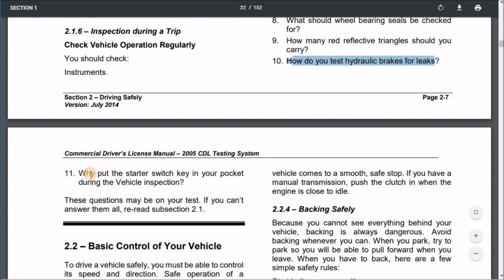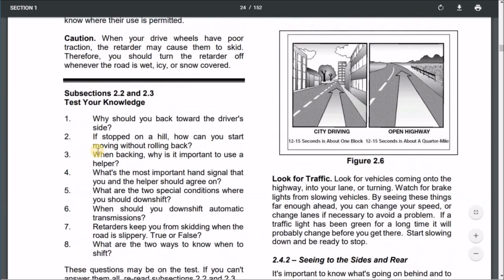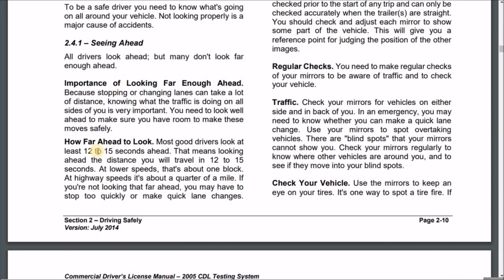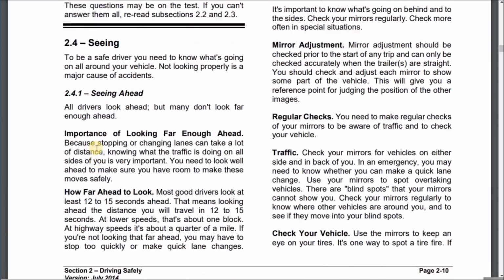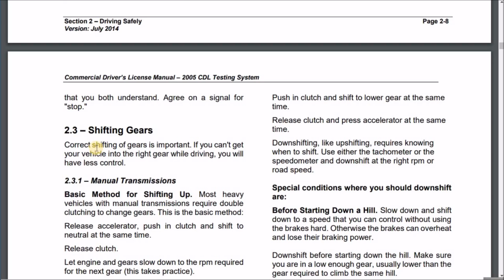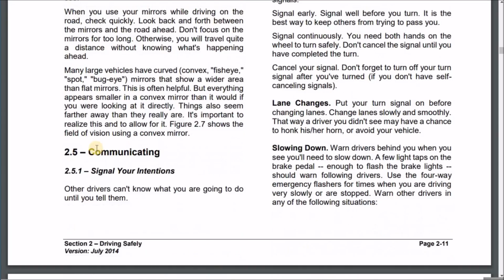And also, why put the starter switch key in your pocket during a vehicle inspection? Okay, so let's go on to the next bunch of questions. Actually, I think I overwent them. 2.3. I think 2.3.